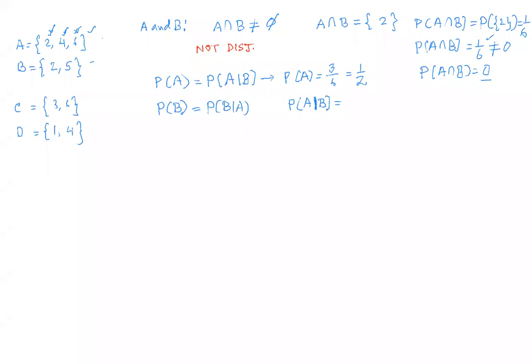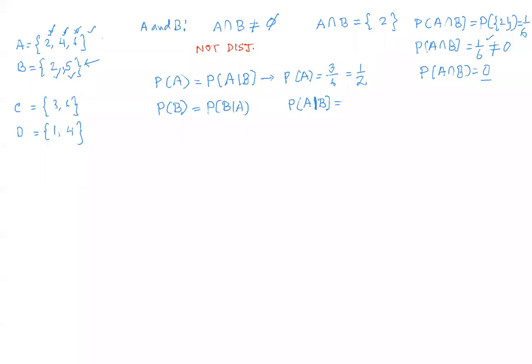So if we know that event B has happened, what does it mean? It's either 2 or 5, right? If event B has happened, that means the outcome of rolling a die is either 2 or 5.